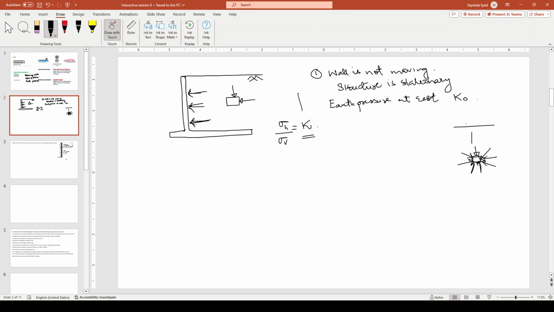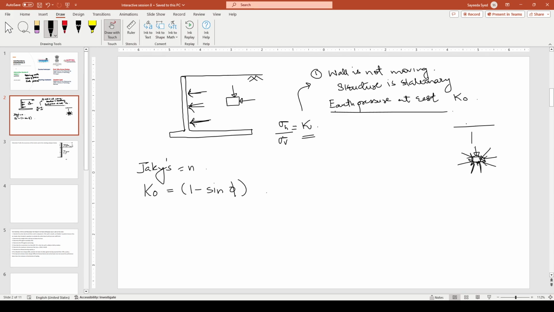Now, when the wall is not moving, we say that the structure is under static earth pressure or earth pressure at rest. There are many equations that have been given for this, but the most commonly used is Jaky's equation. We take K naught is equivalent to 1 minus sine of phi.